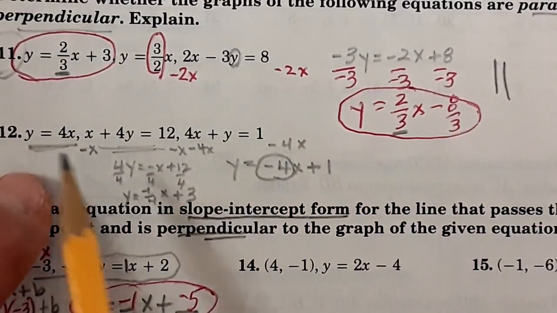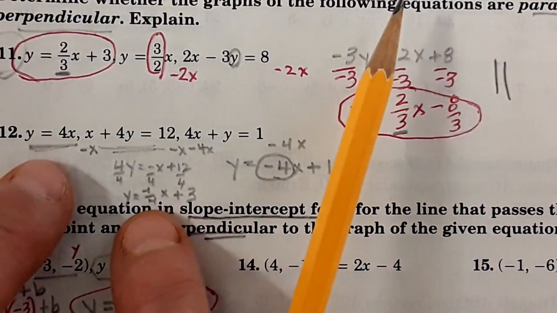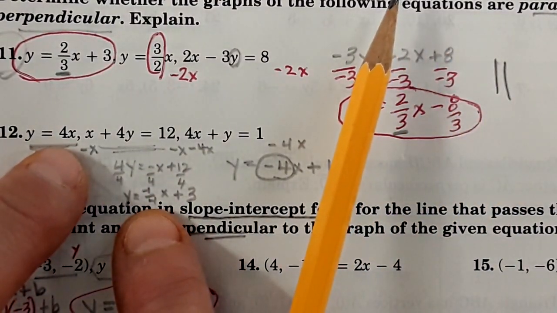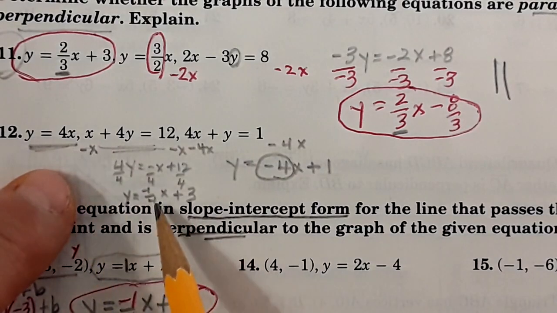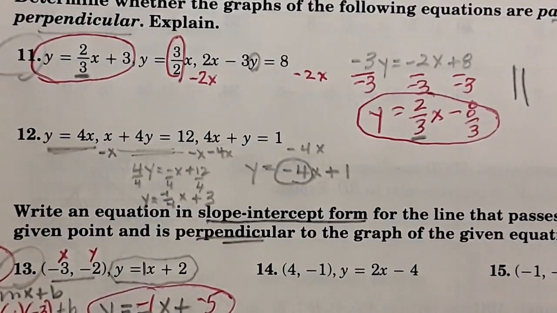Whereas here, the first and second ones have negative reciprocal slopes, so it's perpendicular. You see how that slope is 4 and this slope is negative 1/4? So the lines are perpendicular to each other because the slopes are negative reciprocals. Okay, we're done.